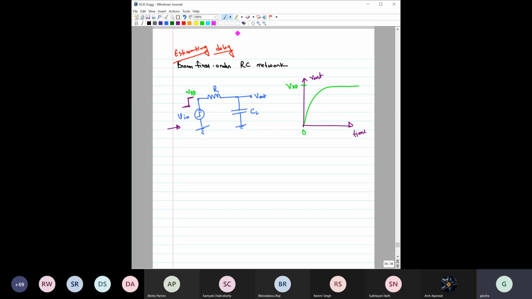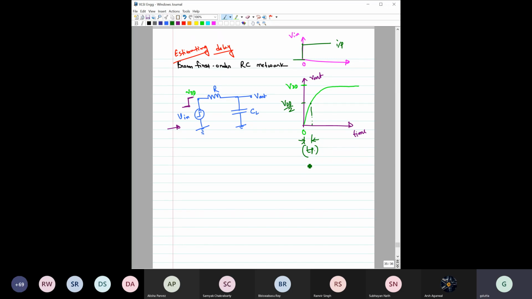Now, to consider the delay on the same time scale, this is V input. Just for our understanding, let us also plot this input. To estimate the delay, we have to find where this output voltage has reached VDD by 2. Then this much is the propagation delay, TP.